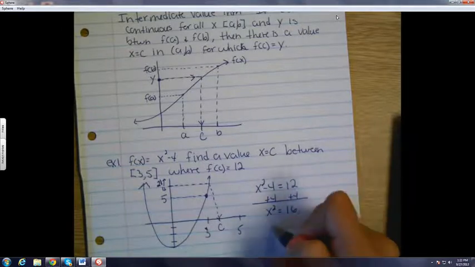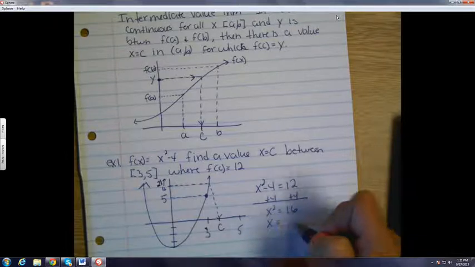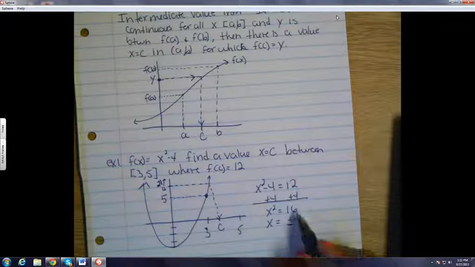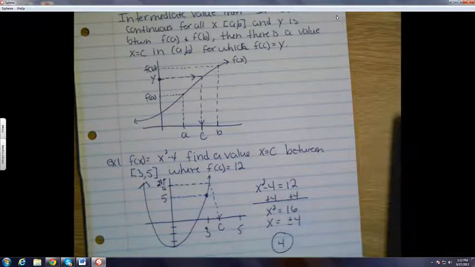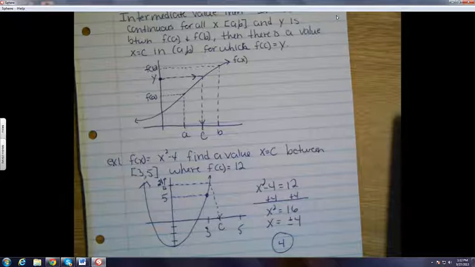Take the square root. X could equal a positive or negative 4, because both of them squared give me 16. But if I look at the window I want the x value that's between 3 and 5. That's the positive 4. So, just not too difficult here.